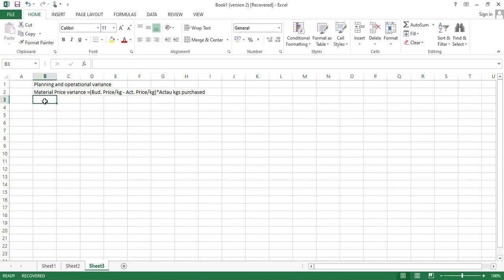Next one is the basic variance of sales price variance.